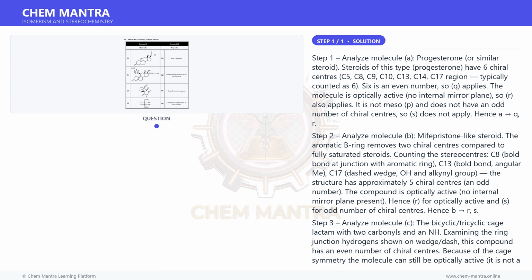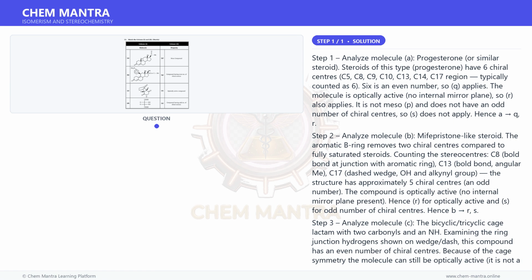Step 4. Analyze molecule D. The structure drawn is meso-tartaric acid, 2,3-dihydroxybutanedioic acid, with both OH groups drawn on the same side, both pointing right in the Fischer projection, H on left, OH on right for both carbons. In a Fischer projection with identical top and bottom halves and opposite configurations at C2 and C3, this is the meso form.